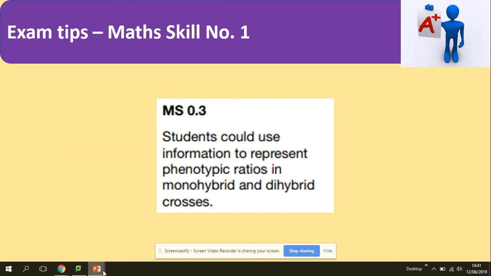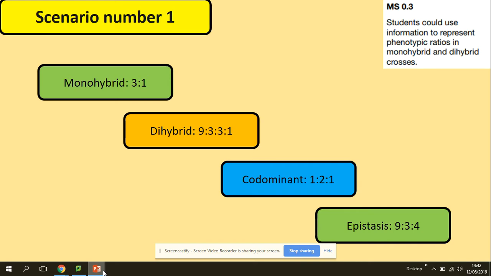So let's get started. One piece of information that you need to be aware of is the ratios in terms of the monohybrid and dihybrid crosses. But I would strongly suggest you also memorize the ratios for other crosses, because that would be really useful for you to work out the predicted and observed values and recognize the crosses that you are dealing with at the specific moment.